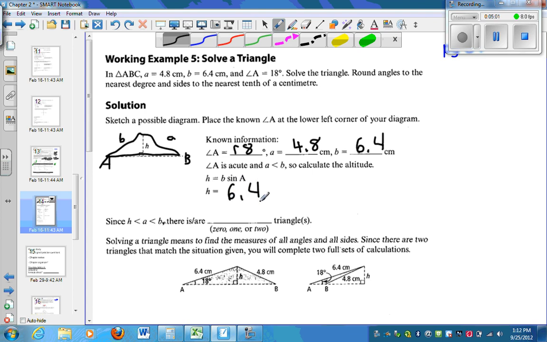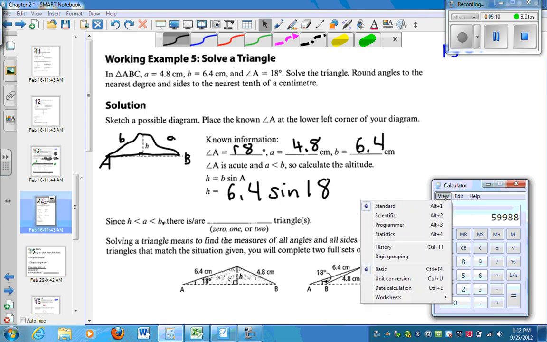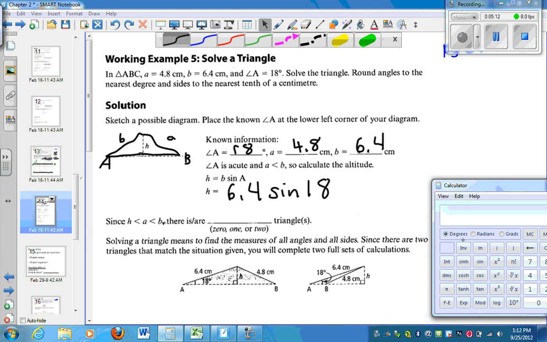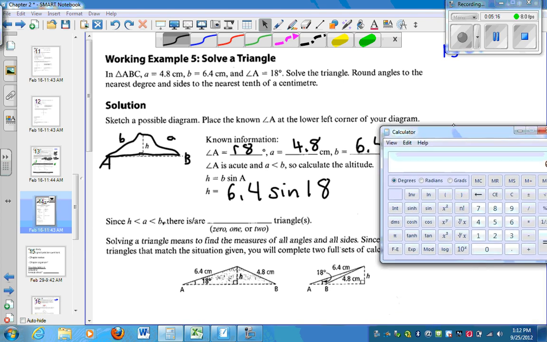So b is 6.4 times the sine of 18. And we're going to get out a calculator to do that. Every calculator is different. Make sure that you are in degrees and not radians. If you have RAD instead of DEG, you're in trouble.